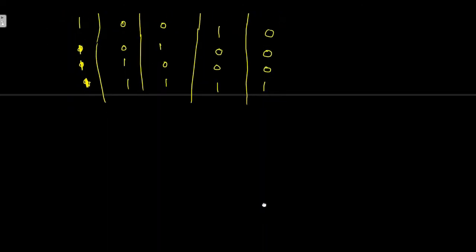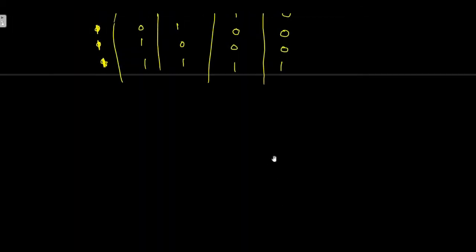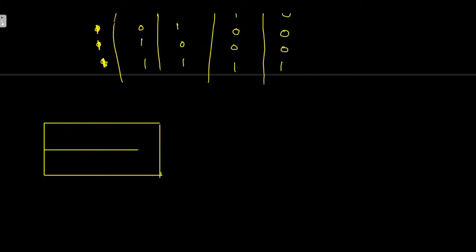Now we draw a K map for difference and output borrow. Since this is a 3 variable function, we draw a map.